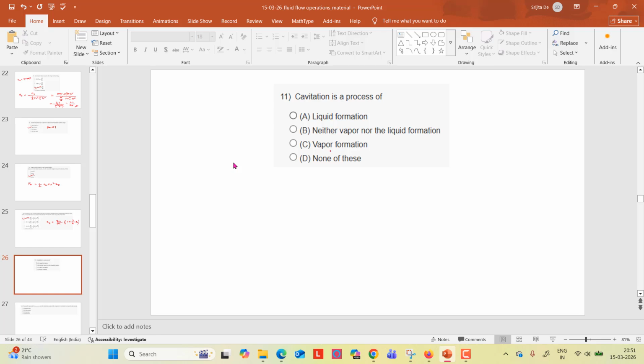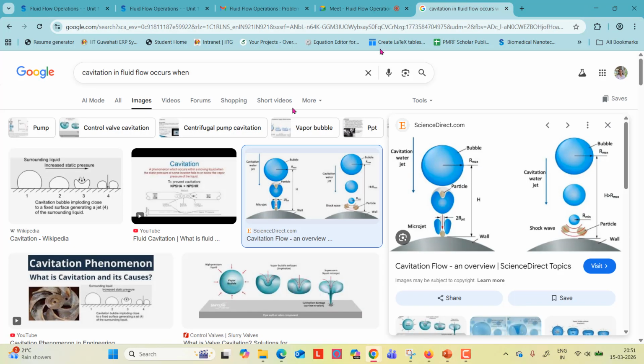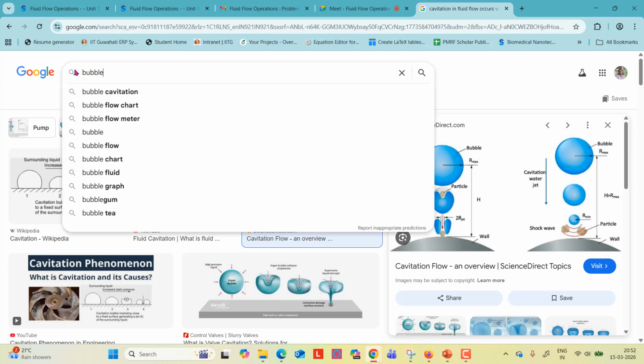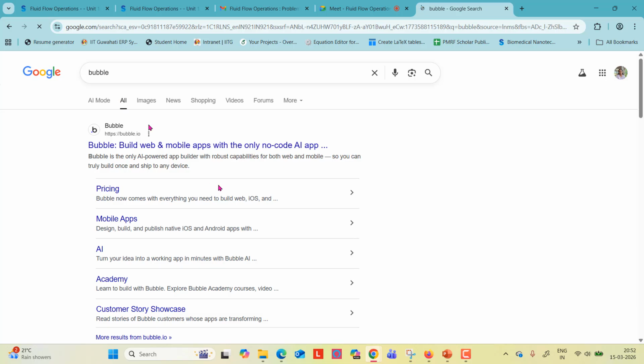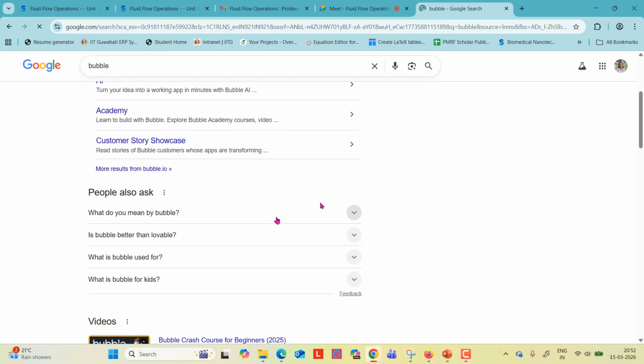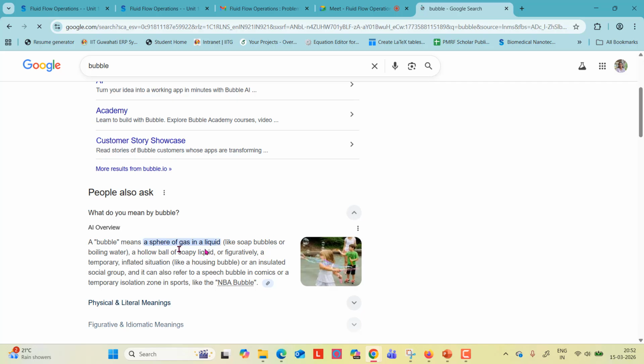So it is the vapor formation. Bubble means a sphere of gas in liquid.